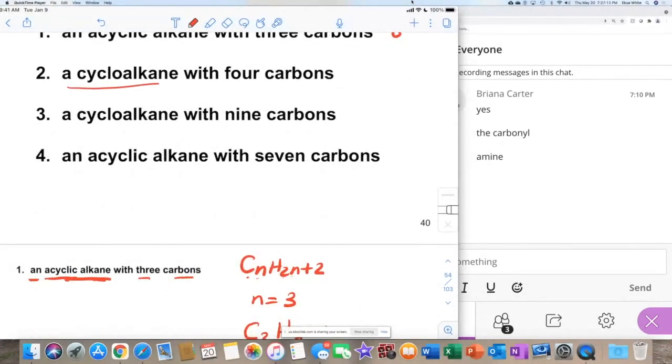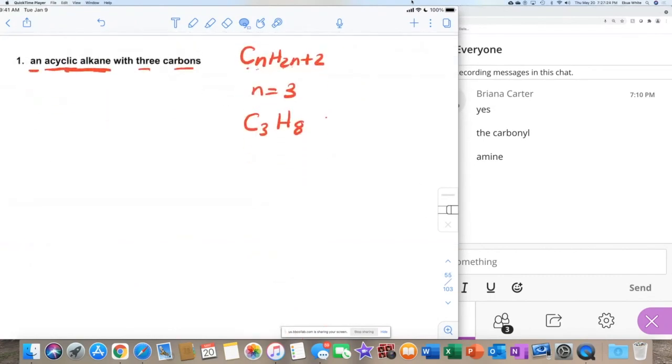Next one, a cycloalkane with 4 carbons. Okay, let me see if I can do this. Okay, cycloalkane with 4 carbons. The formula for cycloalkane is CnH2n. Remember, to make the cyclo part, you have to drop 2 hydrogens.